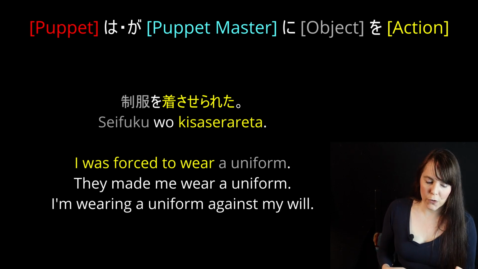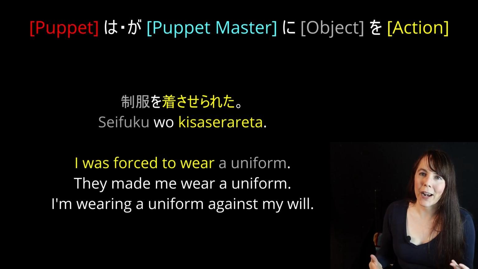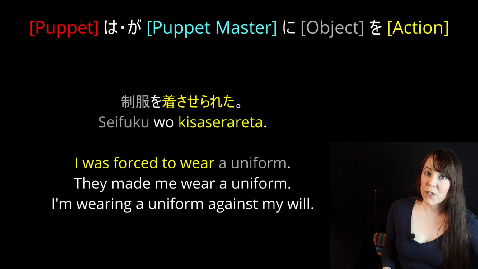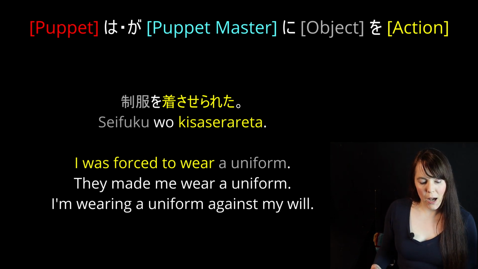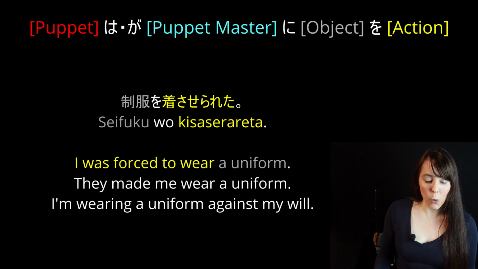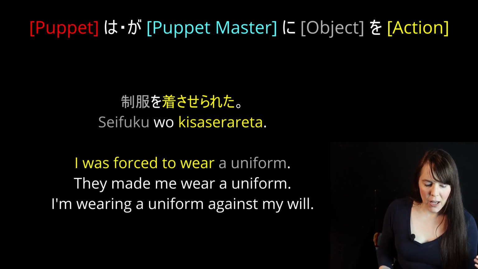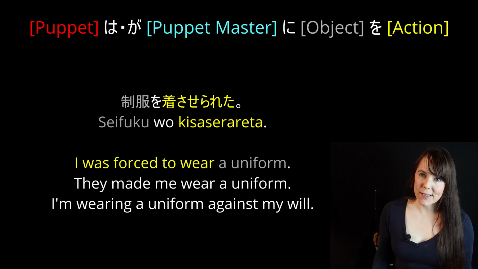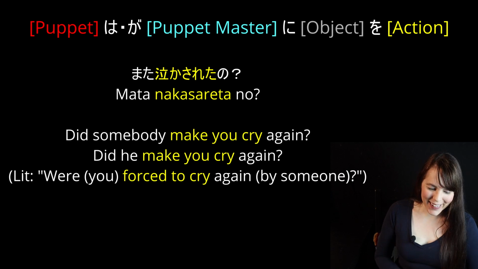So 制服 is uniform. 着させられた. So 着る is to wear. 着させられる is to be forced to wear by somebody else. So I was forced to wear a uniform, or they made me wear a uniform, because they is pretty vague, or I'm wearing a uniform against my will. Here is a phrase you're going to see a lot in shoujo manga.